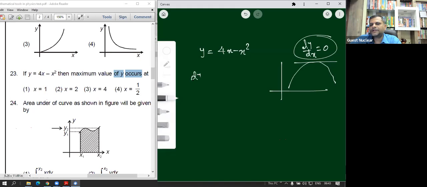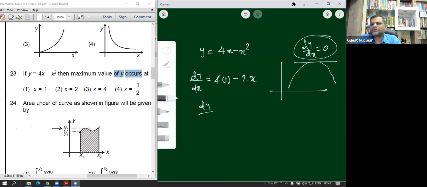तो इसलिए यहाँ पे सिंपली डेरिवेटिव निकालना होगा हमको, dy by dx which is going to be 4 into x का डेरिवेटिव 1 हो गया, माइनस x स्क्वायर का डेरिवेटिव जो कि 2x है, तो यहाँ पे आ जाएगा 2x, and this is going to be the derivative of y with respect to x.